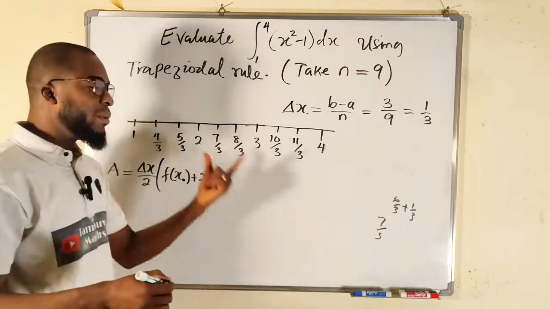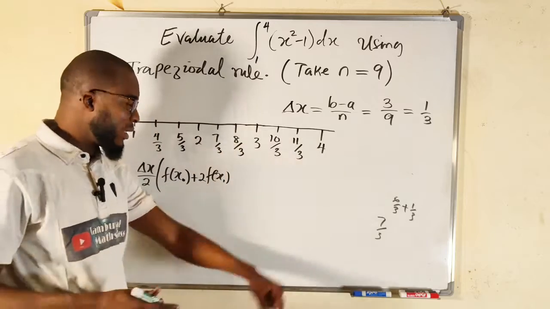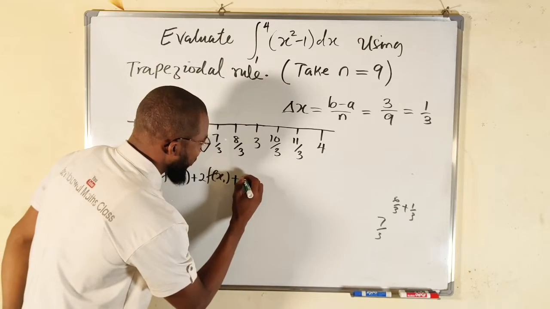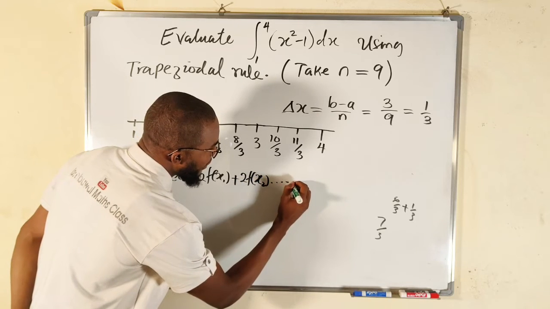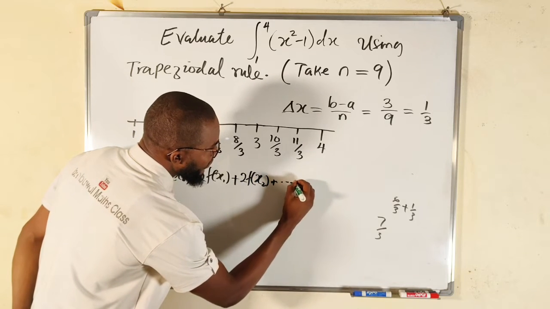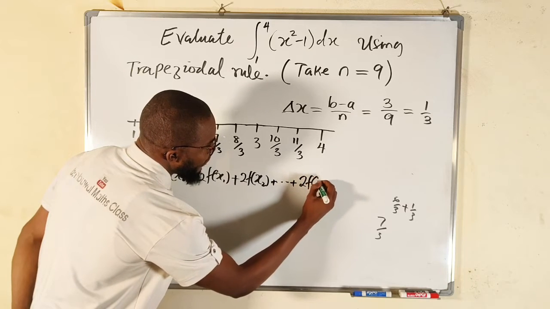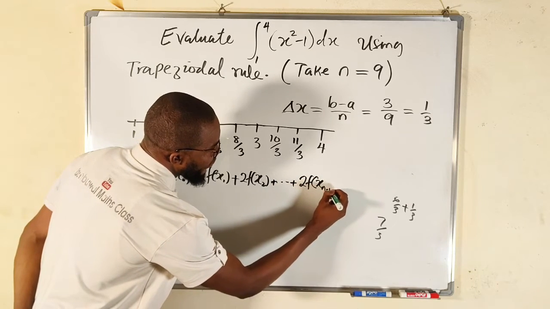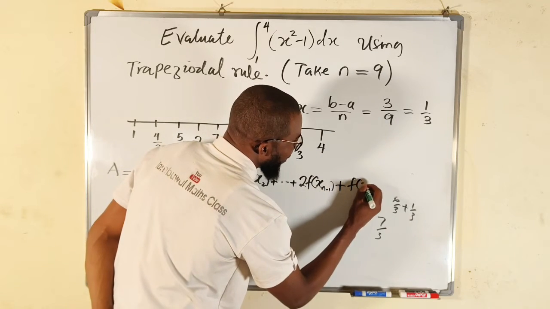Remember, I told you all the middle terms will have to be multiplied by 2 except the first and the last one. Plus 2 times f of x2. You keep on adding this up to the second to the last one, which is 2 times f of xn minus 1. Then the last one should be just f of xn.